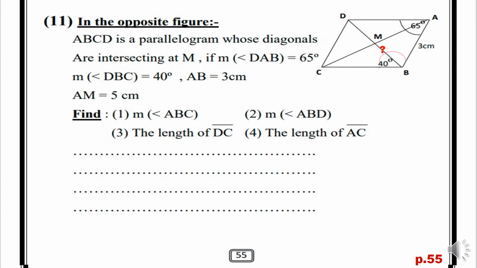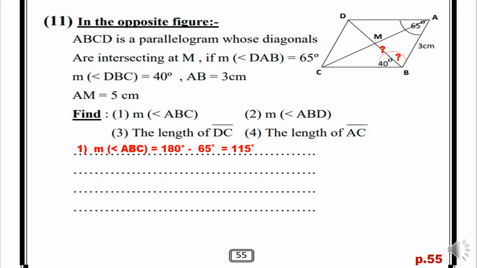First let's get measure of angle ABC. Angle ABC is the same as angle B. So the sum of two consecutive angles of the parallelogram is equal to 180 degrees. So to get angle ABC, I will make 180 minus 65, the measure of angle A. So 180 minus 65 equals 115 degrees.